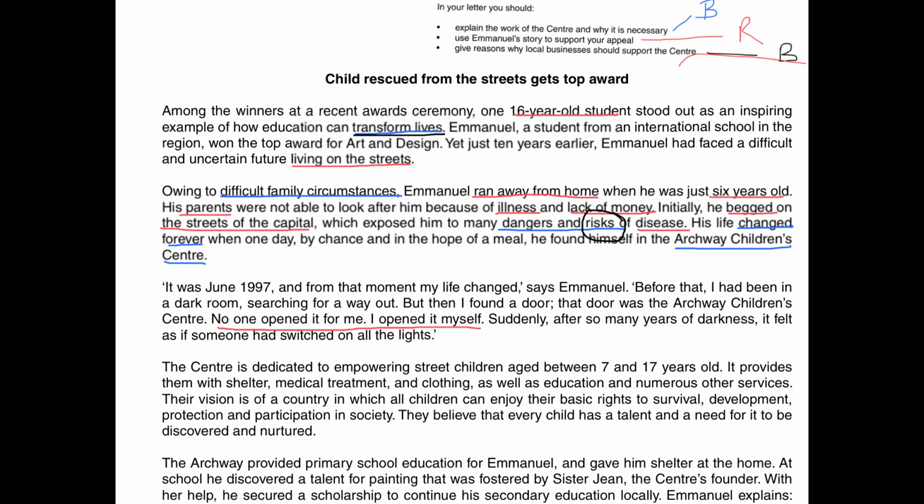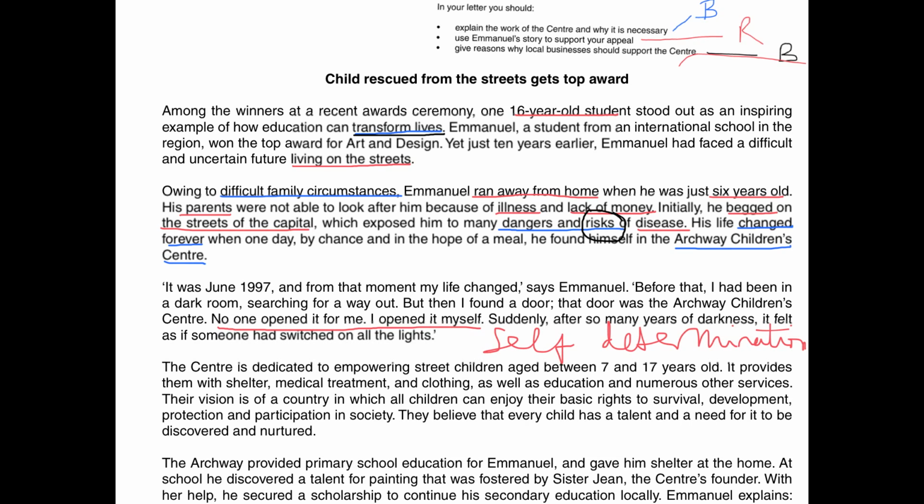And so I might just write that here to remind me. Self-determination. You'll have better handwriting than me, which means that he's taking his destiny into his own hands, but that was all possible because of Archway.